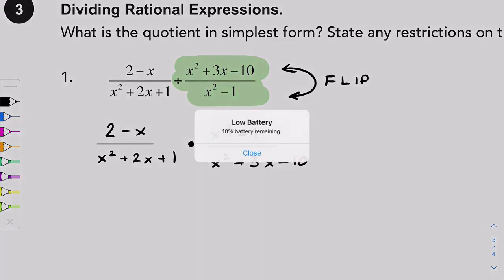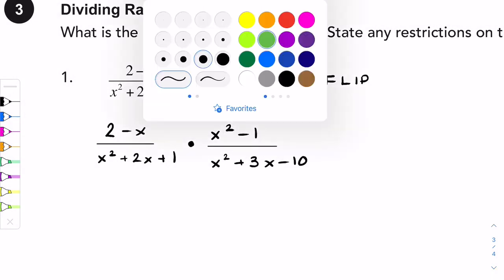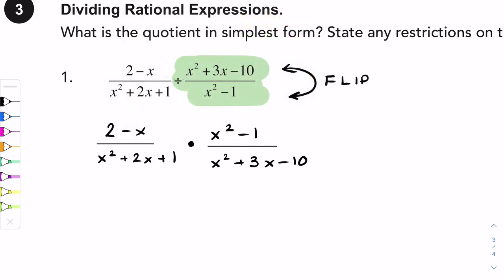At that step, all I did was flip the numerator and the denominator. Also, note that you are changing your division symbol to a multiplication symbol.